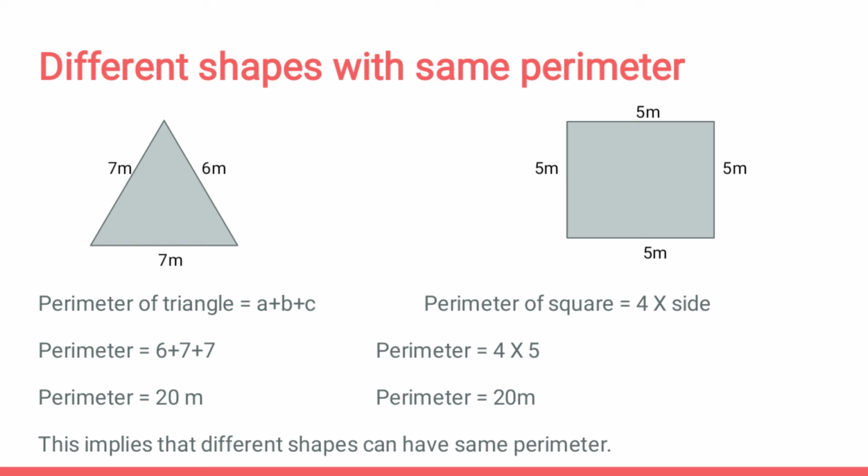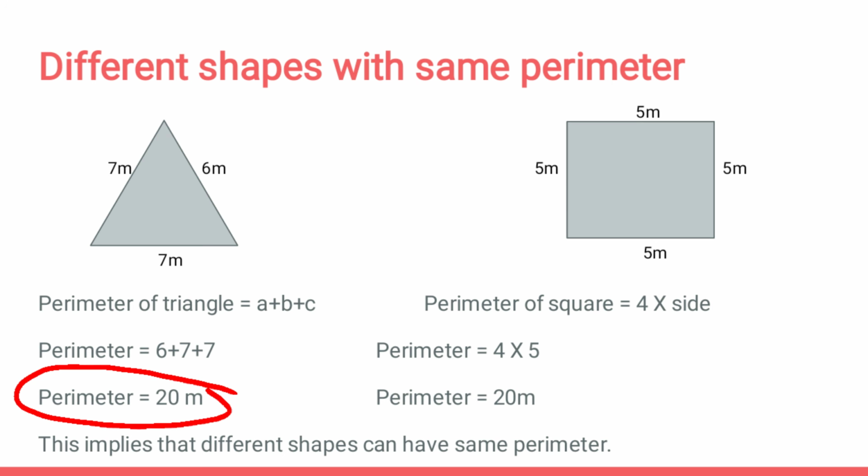Here I am taking an example of a triangle and a square. The triangle has sides 7 meters and 6 meters, and the side of the square is 5 meters. Now if I calculate the perimeter of the triangle, I get the perimeter of the triangle as 20 meters.